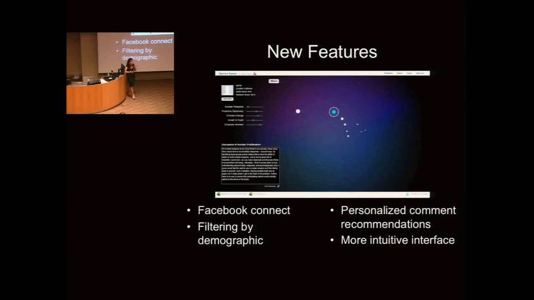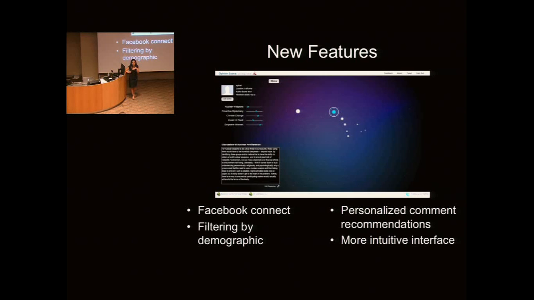And we're working on a recommender system for comments, so now you can get personalized recommendations. This is one thing that I'm working on for my dissertation, and I just want to mention that we have to be really careful in this context, right? Because I don't want to just recommend to you the comments that you're going to really like. I want to recommend to you a diversity of comments that you're going to tolerate.